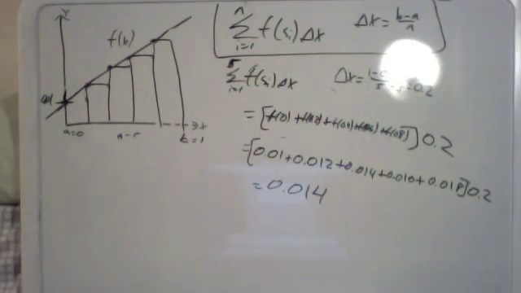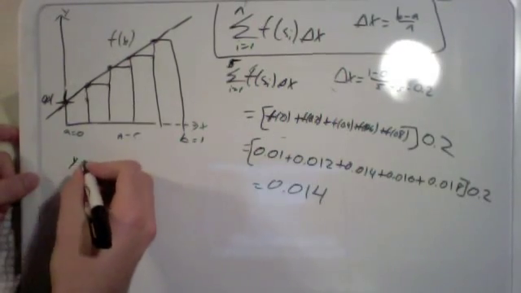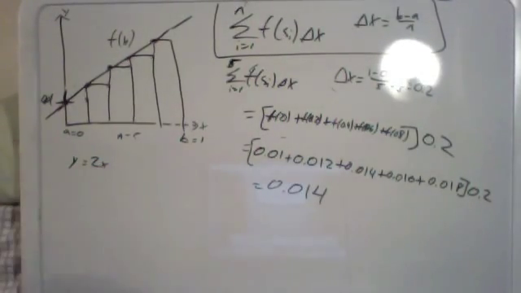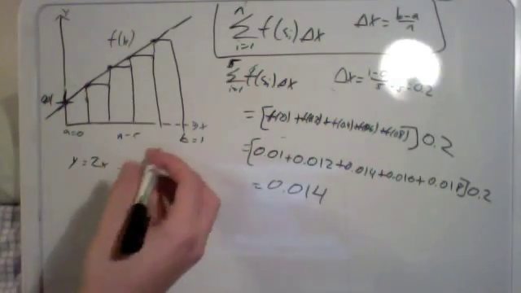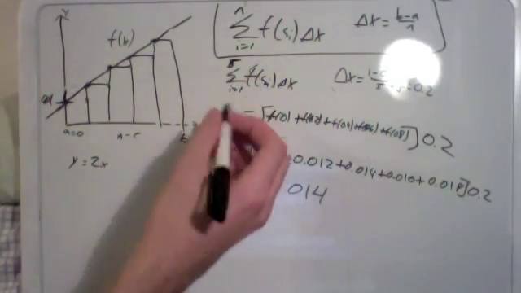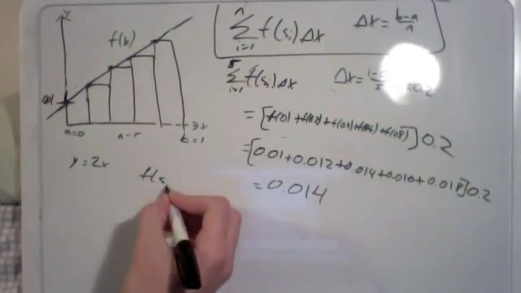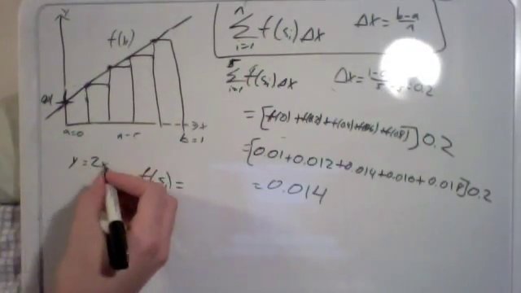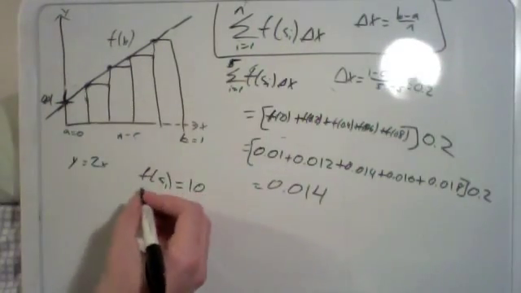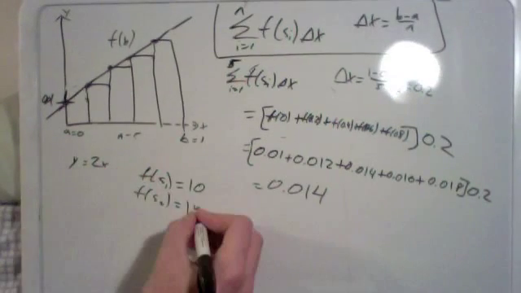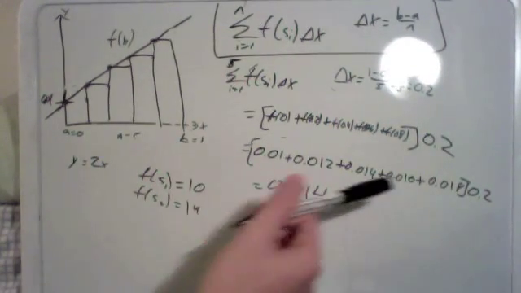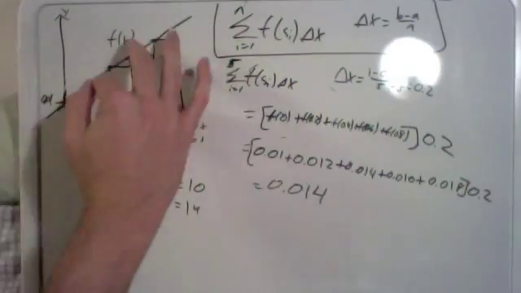But if we're given some equation like y equals 2x, and let's say we're starting at 5, well then your first point here, f of s_1, would be equal to 5 times 2, and then f of s_2, let's say the next point we're doing is 7, would be 14, so you'd put those in here in place of just plugging in numbers from a graph.